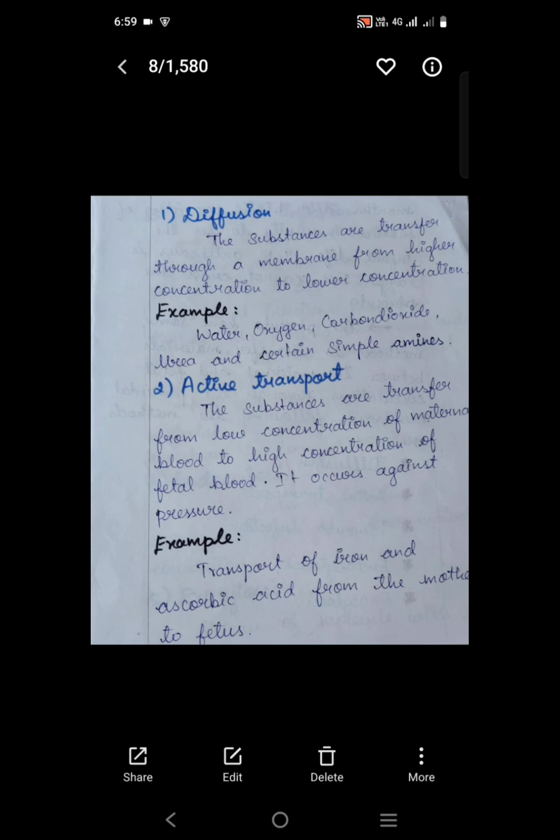For example, water or air will be there.